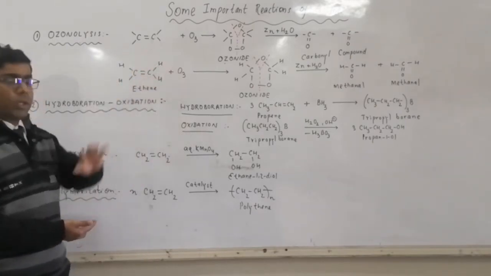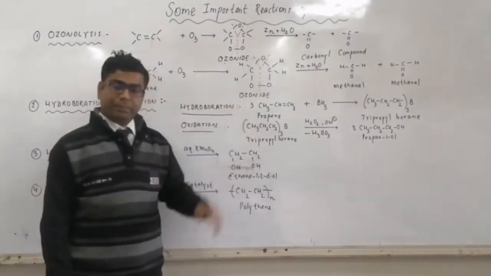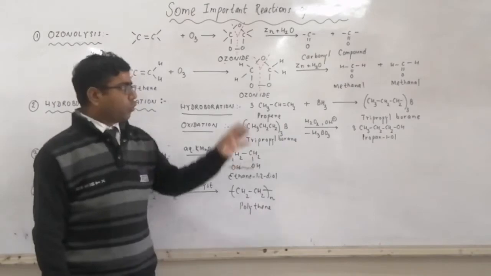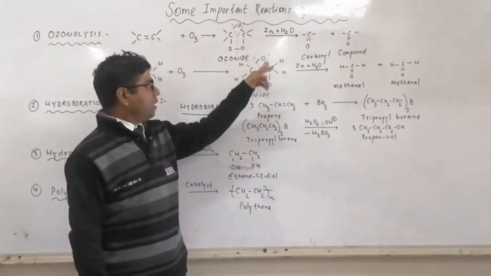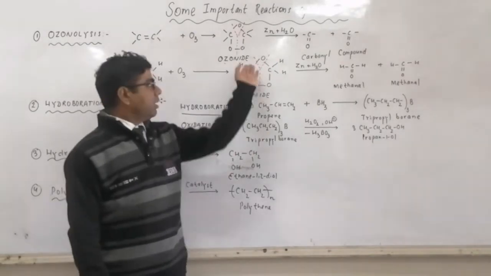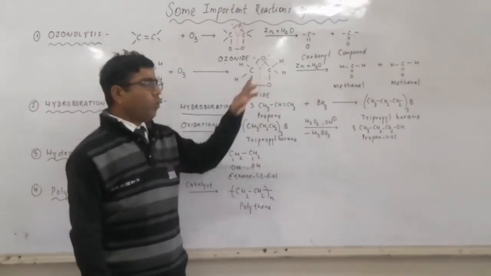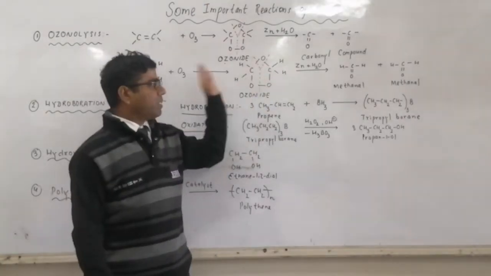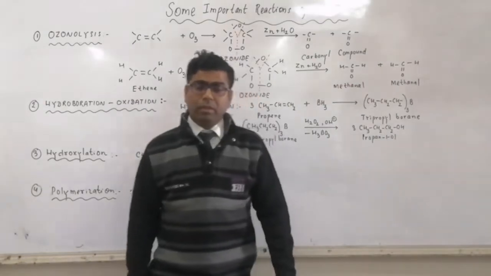O3 will be added over the olefinic carbons, as a result of which you will obtain the ozonide of ethene. Now this ozonide, when treated with Zn and H2O, undergoes Y-type cleavage. This O is removed, and cleavage takes place at the O. Both units will be separated and both will be converted to methanal and methanal.